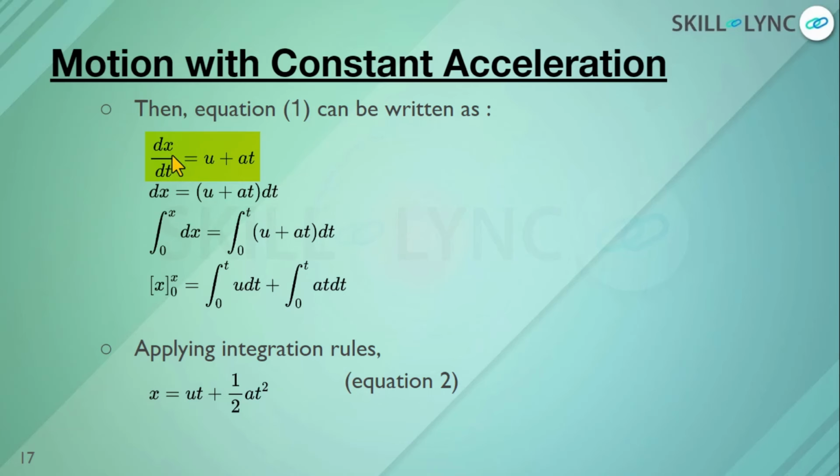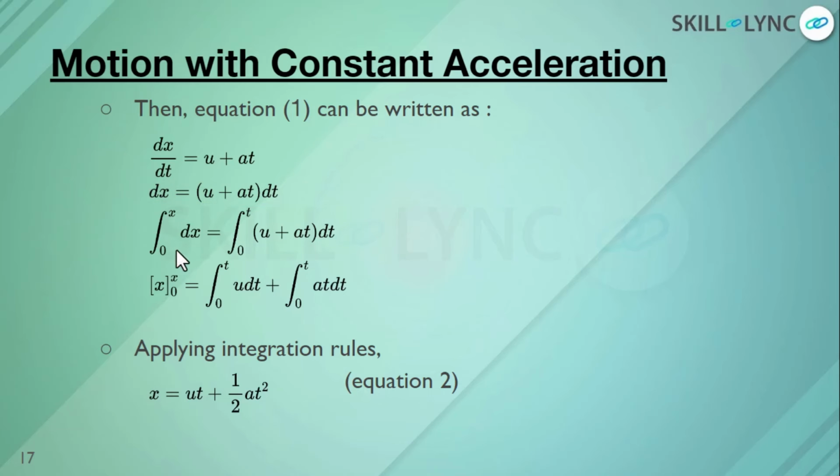Change in distance with respect to time is called velocity. Thus, v can be written as dx by dt is equal to u plus at. Multiplying u plus at by dt, we can write it as dx is equal to u plus at dt.